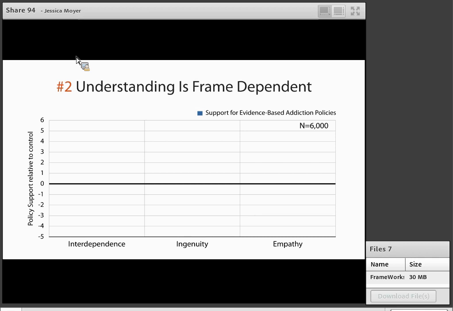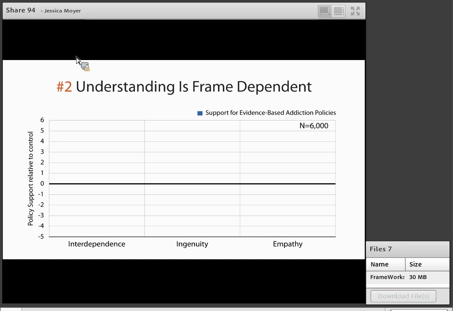There's the value of interdependence, which is like we should care more about this issue and support more funding and policies around support programs for folks who suffer from addiction, because what happens in one part of the province affects what happens in another part of the province. What happens in your family affects what happens in my family. Our fates are shared. So for that reason, we should all care about addiction as a social issue.